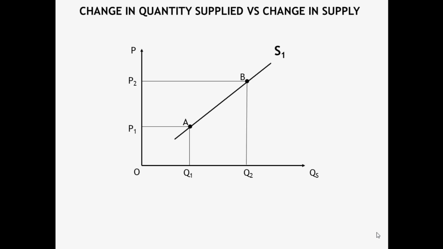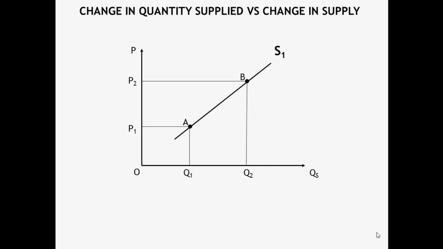Here, when we move from A to B, quantity supplied rises from Q1 to Q2 due to the rise in price from P1 to P2, not due to the change in other factors. Here we consider all other factors are fixed. The change comes to the supply of the product is due to the change in price, not due to the other factors.